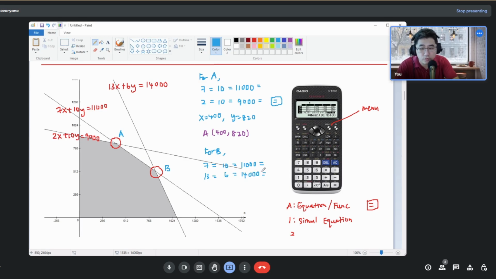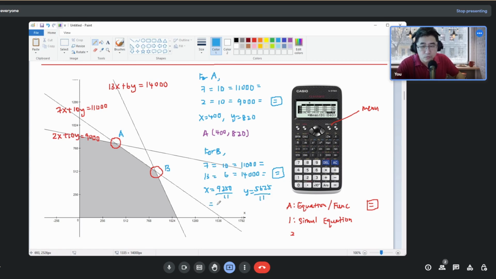Then you press equal again. So you have x equals 9250 over 11, and y equals 5625 over 11.